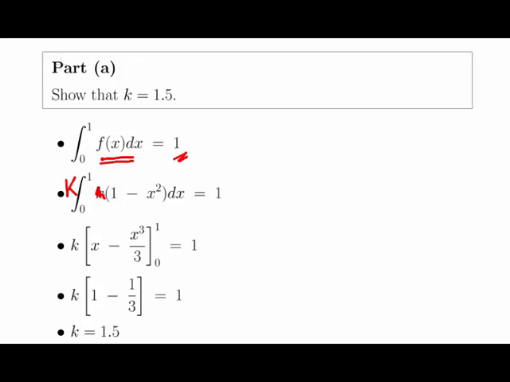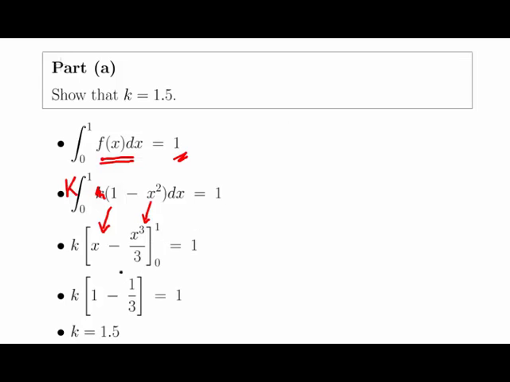So we have the integral of 1 dx, and that just becomes x, and x squared becomes x cubed over 3. And it's a definite integral between 0 and 1, and if we evaluate at 0, those terms give us 0, so we can just disregard it and evaluate at 1.